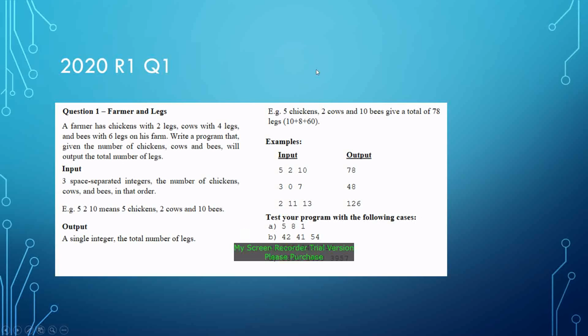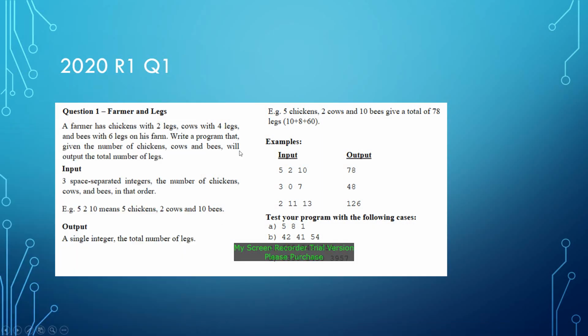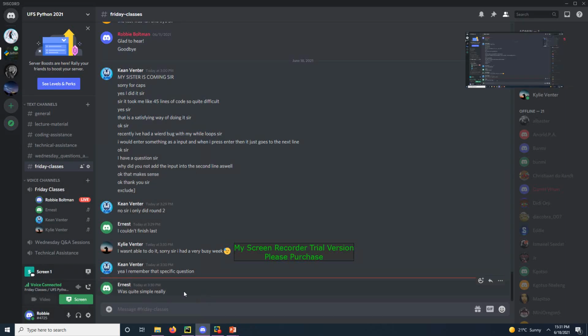Okay, so let's start. How did you find, Ernest, question 1 for round 1? If you remember, let me just do a quick recap on the question. A farmer has chickens with 2 legs, cows with 4 legs, bees with 6 legs. So we want a program that, given the number of chickens, cows, and bees, will output the number of legs. Okay, so we want 3 space separated integers. How did you find this?